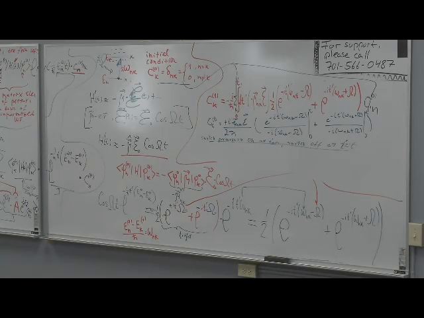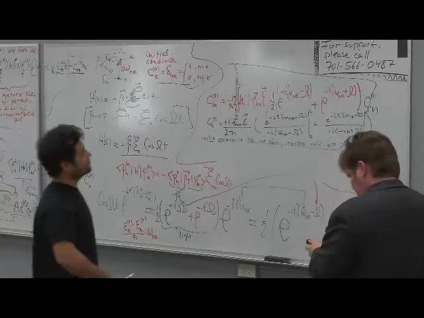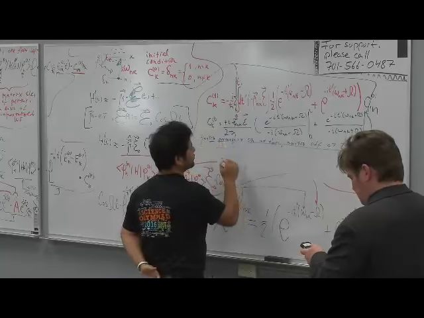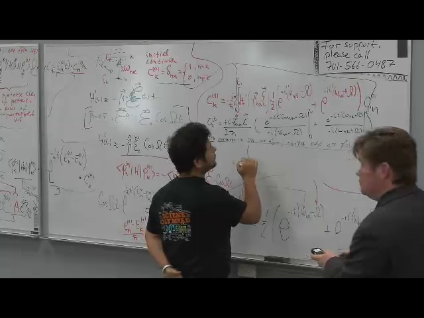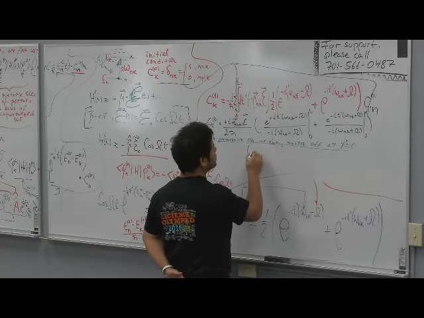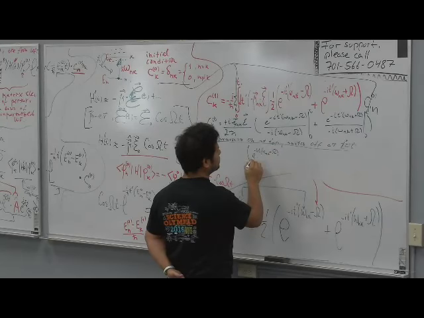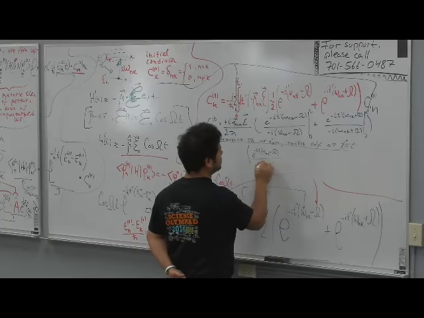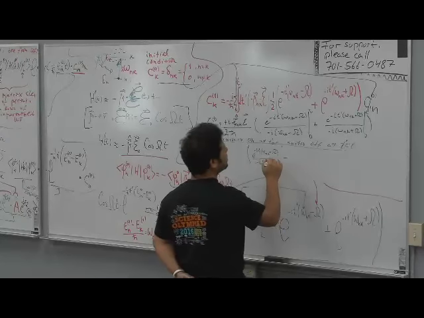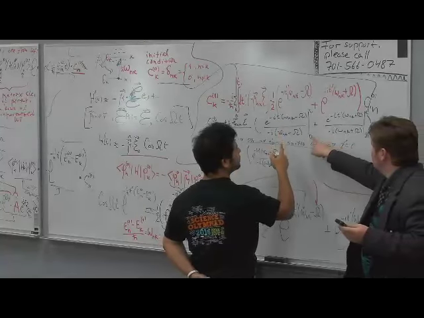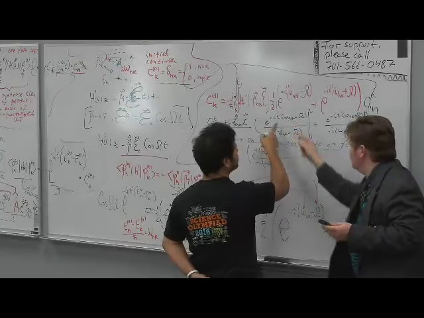So this part is... You can put t prime equals 0 and continue just the numerator.